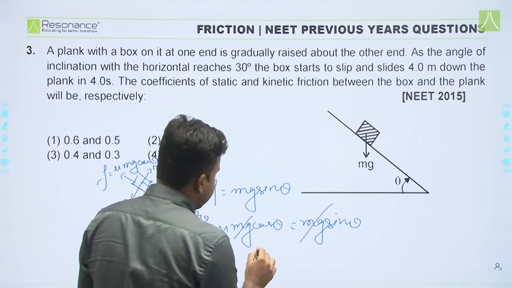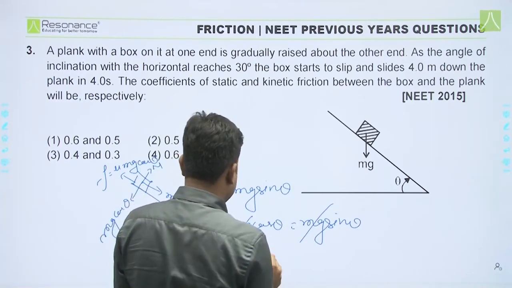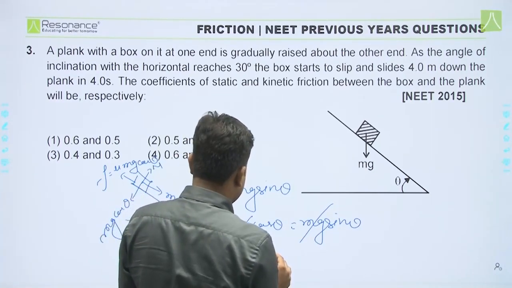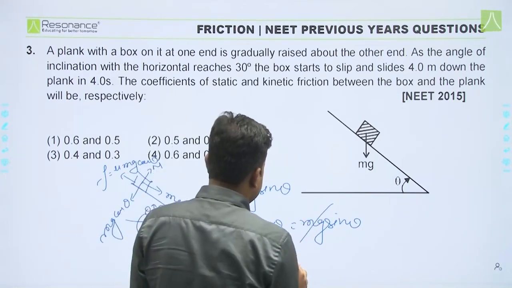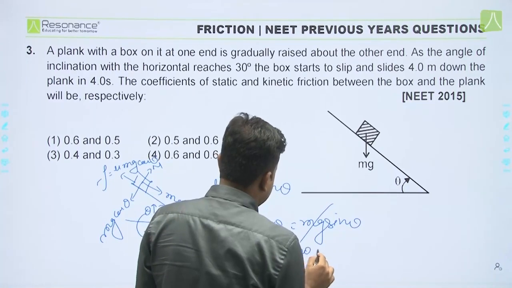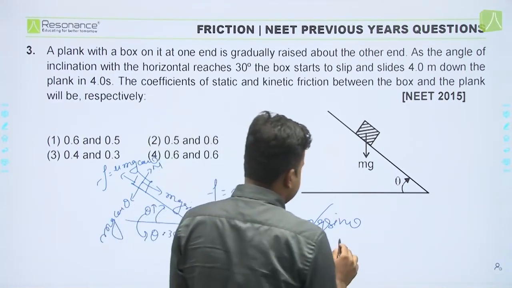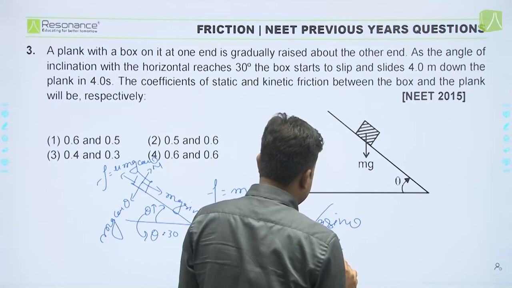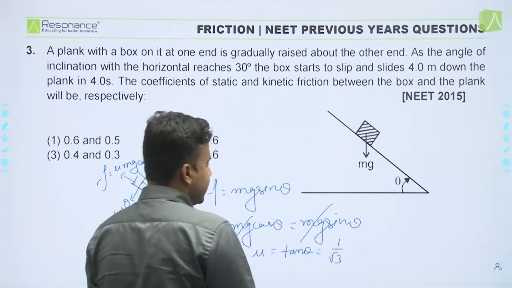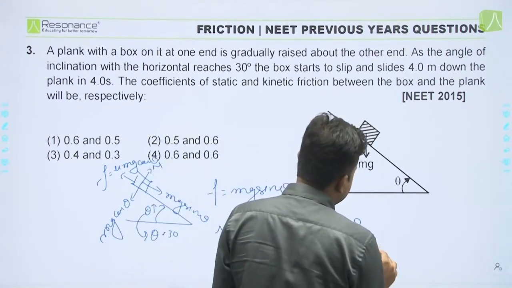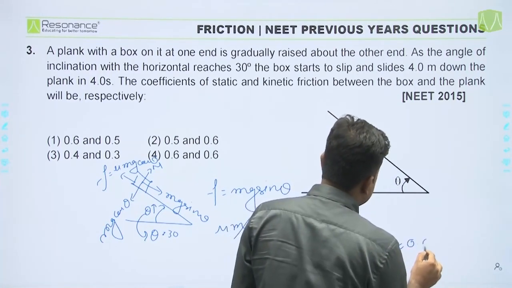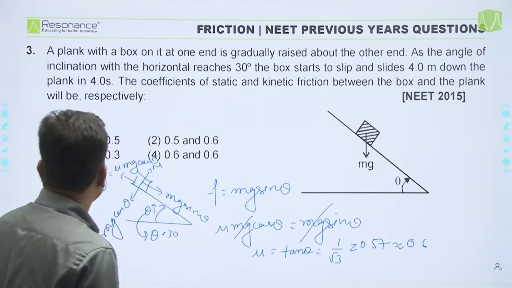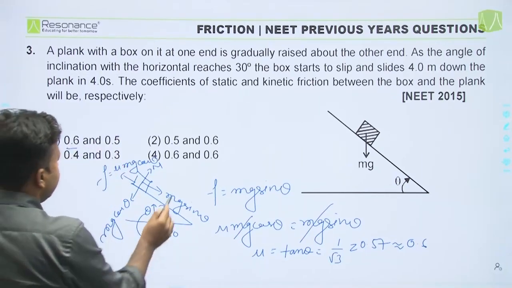So from here we get mu equal to tan theta. Now theta is given, so it will be 1 by root 3. 1 by root 3 is 0.57, or approximately we can write 0.6. The answer is 0.6 here.